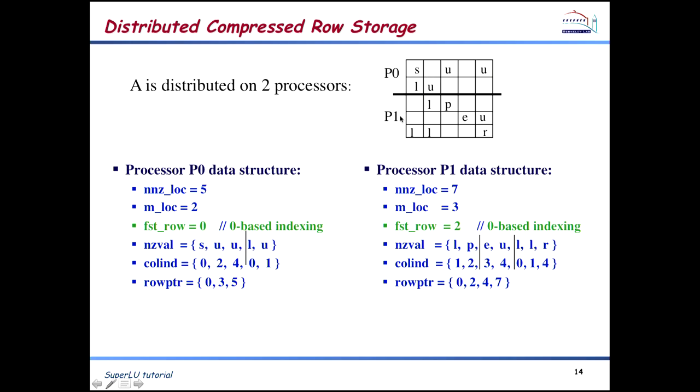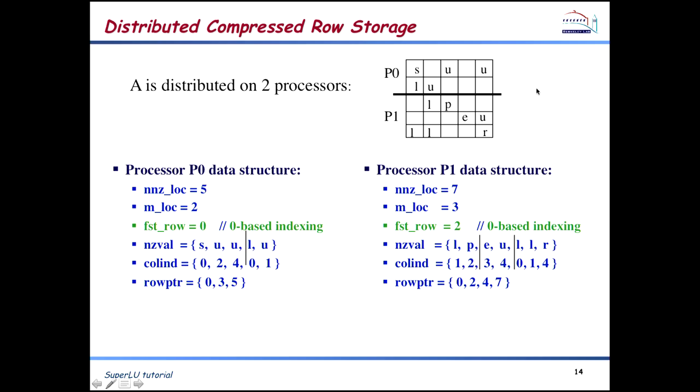So let's see what on this processor P1 you need to put in the data structure. You want to say that NNZ local has 7 non-zeros. M local has 3 rows, okay? And the first row here, we start from 2. So this is C-based indexing starting from 0.